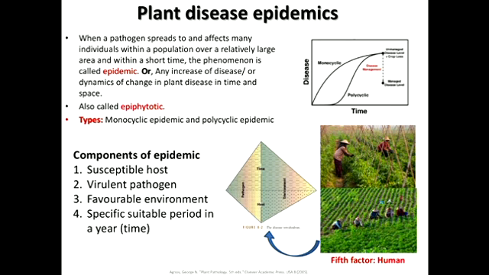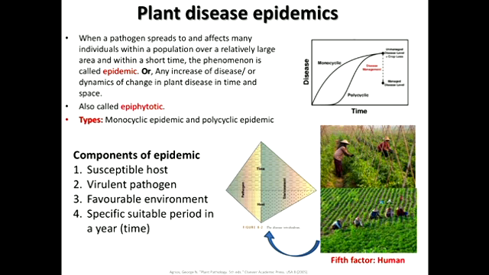If the disease appears in a particular region, it's called endemic, meaning it appears on a small scale. And if the disease appears on a large scale, covering multiple continents or multiple countries, it's called pandemic. So an epidemic would be either endemic or pandemic.